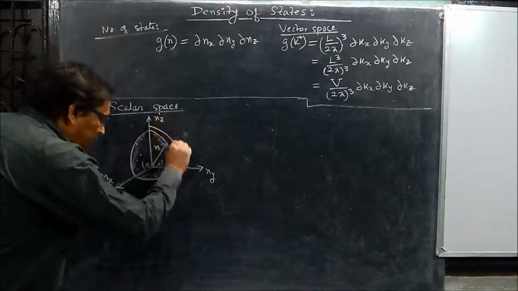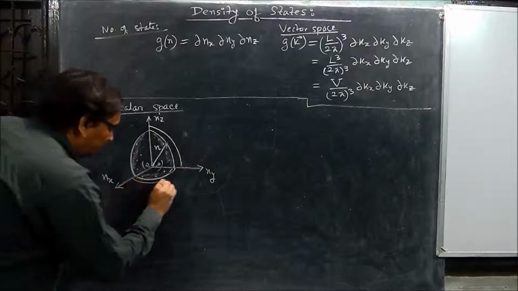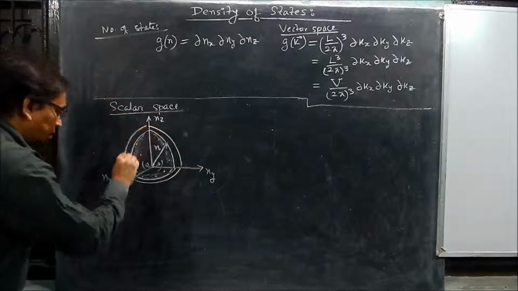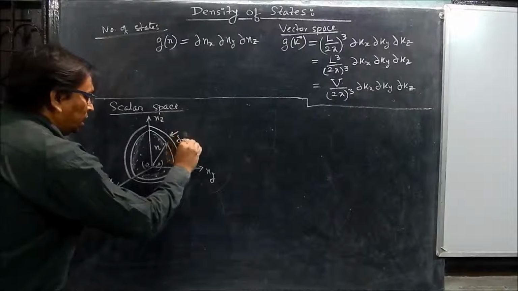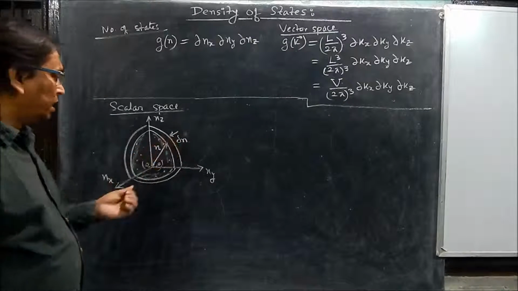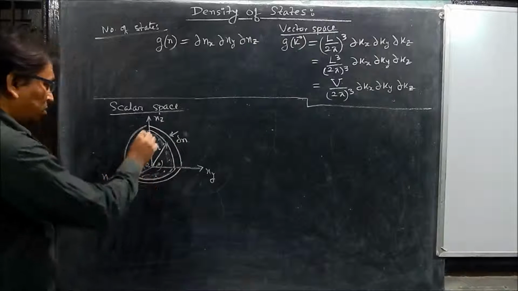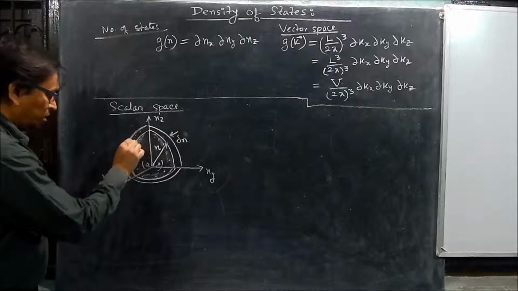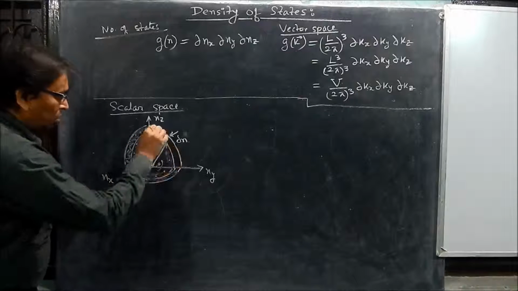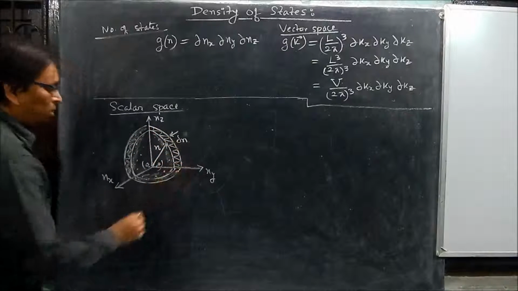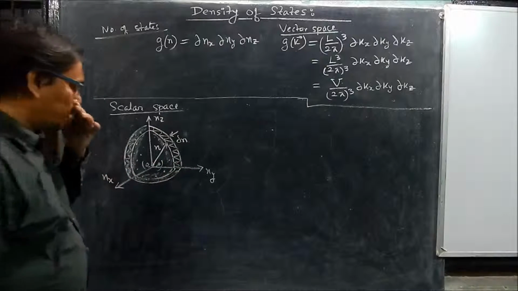Say this much. The sphere is expanded by a small width, del n. If it is increased by del n, then how much volume will be increased? This is the increase in the volume. So how will you find this?